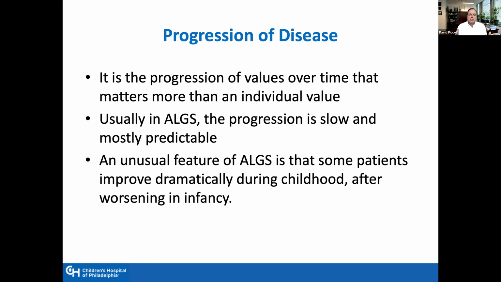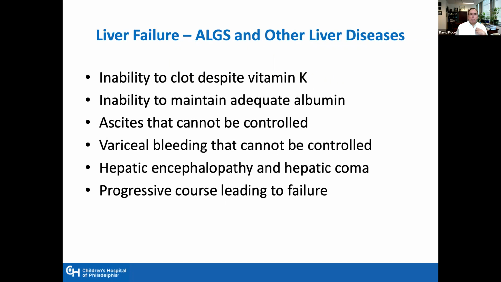But usually it's slow and predictable. And then the one very unusual feature of Alagille syndrome is that some patients who have dramatic defects in excretion between 18 months and 4 or 5 years of age, then their excretion improves dramatically and they get better. And that's something that, for instance, would never happen in biliary atresia.